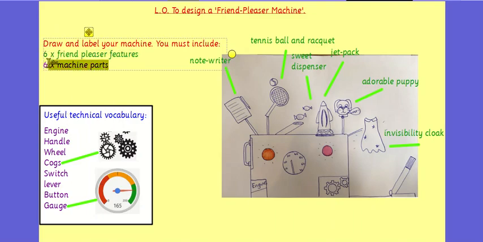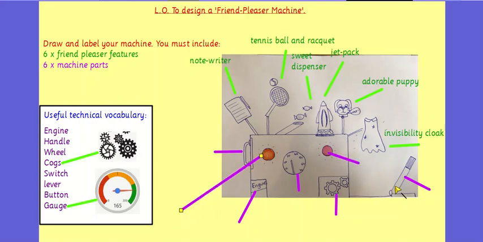Then, what are my 6 machine parts? Let me label those now in purple. So, my machine parts are 1, 2, 3, 4, 5, 6, and 7. I actually had 7.